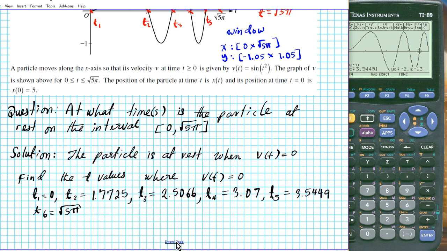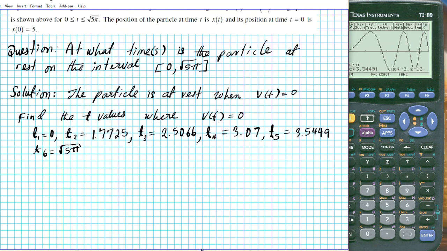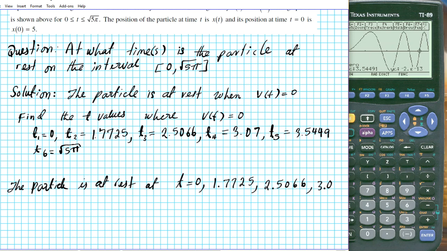Okay? So let's go ahead and write down the answer. So final answer is the particle is at rest at t equals 0, 1.7725, 2.5066, 3.07, 3.5449, and root 5 pi.